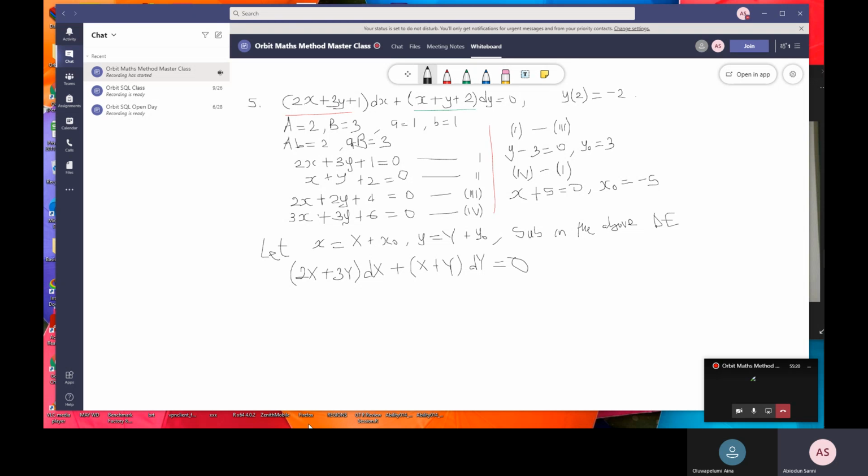So just to separate it. How do you write it in the homogeneous equation form? Divide all through by the highest power of x, which is x to the power 1.